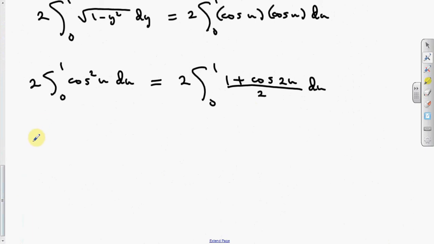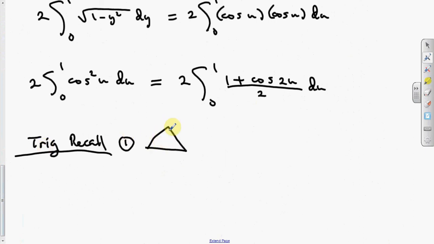So trig, recall, the one was that equilateral triangle that I gave you before. This was 2, 1, the square root of 3.